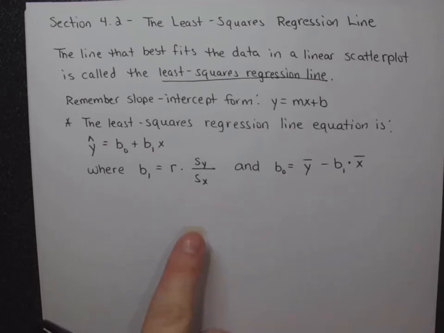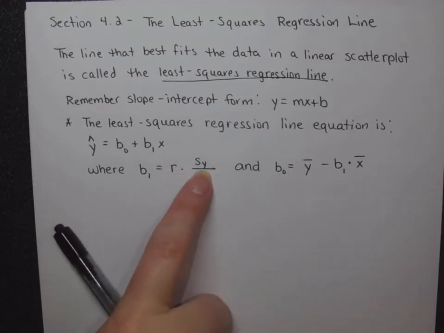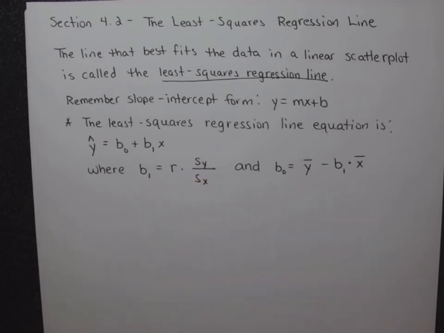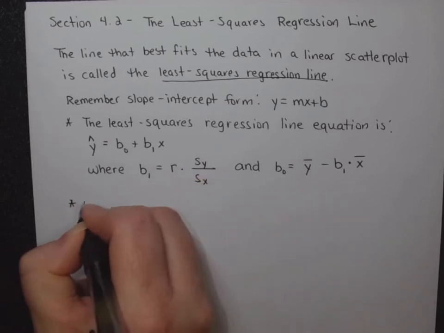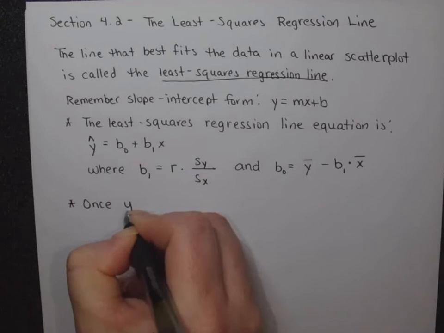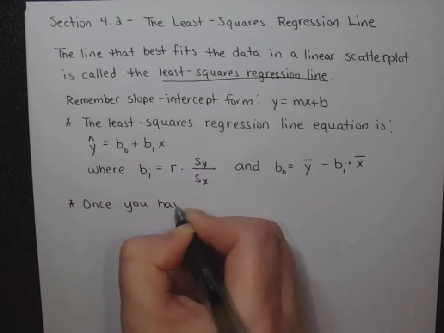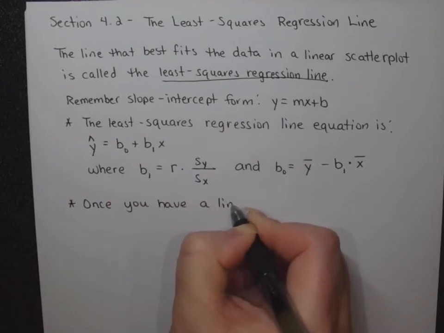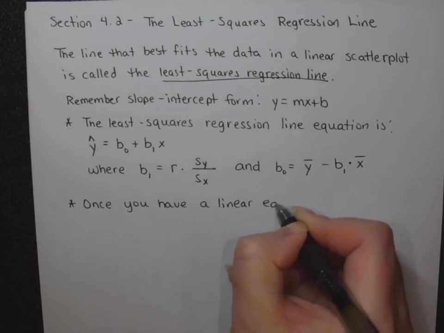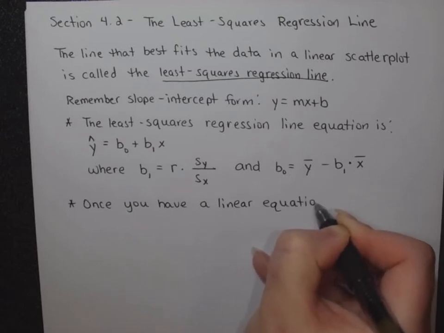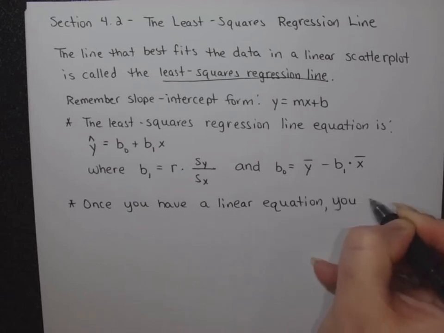So in other words, once you have r, you'll already have these two, and you can fully figure out what the equation of the line is. It's just that these are going to be more specific than your traditional algebra mx plus b. We're going to probably have decimals here because it's based on real data that does not fall in line perfectly.